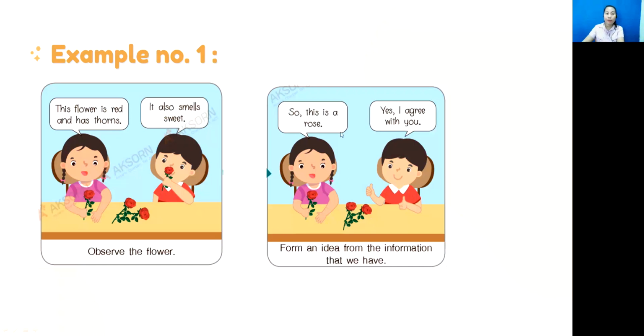Okay, so let's have example number 1. We need to observe the flower by inferring, okay? Here, this flower is red and has thorns. She describes the flower because she already observed it. She looked at the flower.